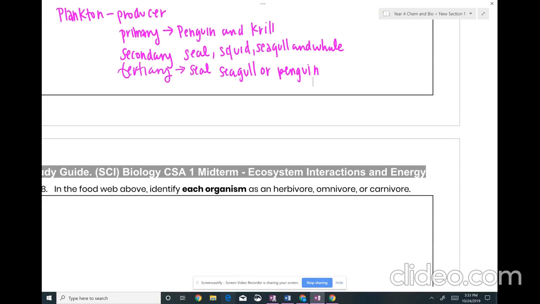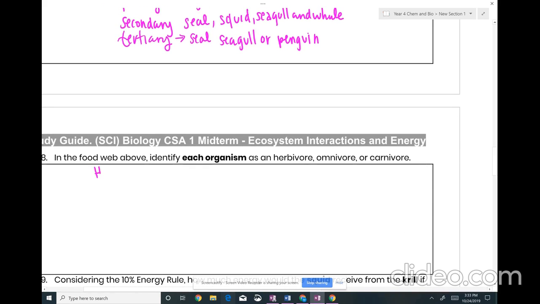Okay, so now we're going to use a different vocabulary to describe what we see, right? So now we have 3 different categories. Now we have herbivores, we have omnivores, and we have carnivores.